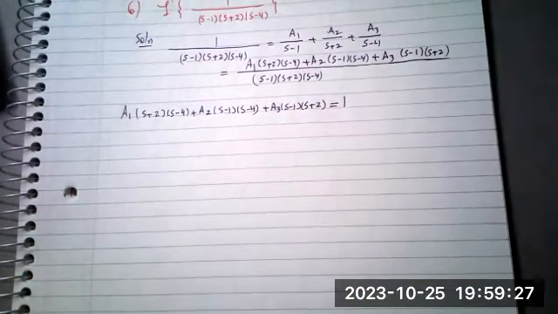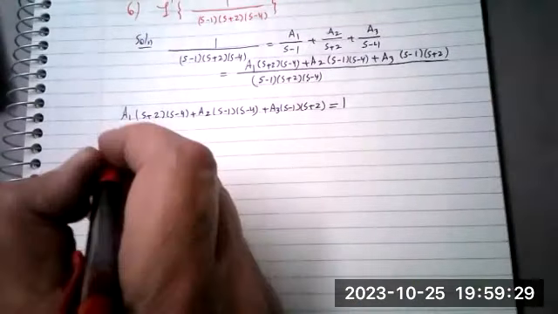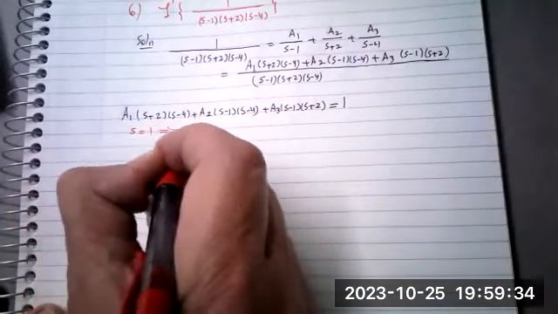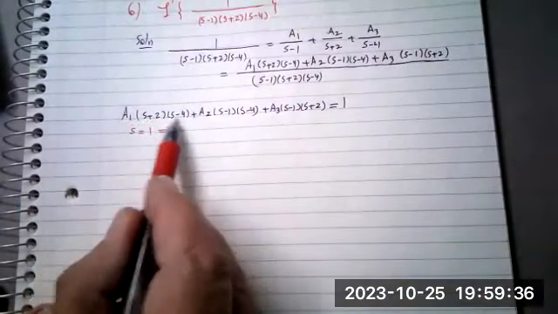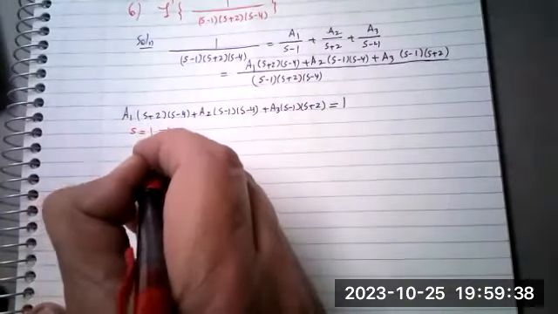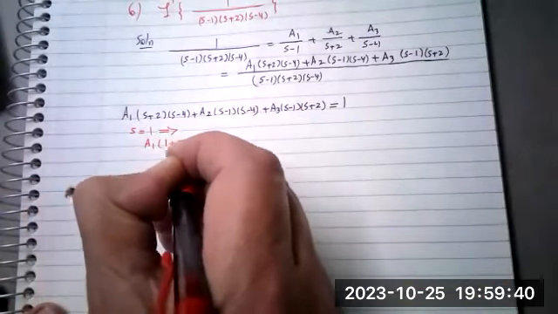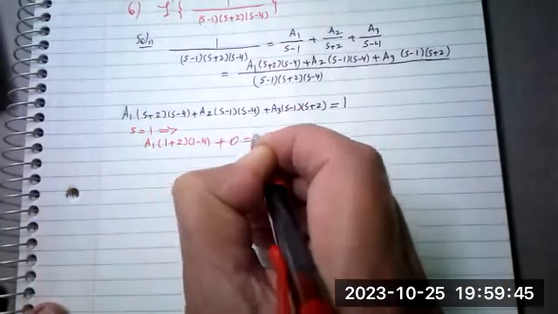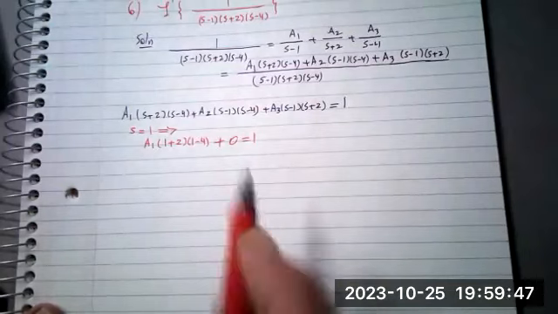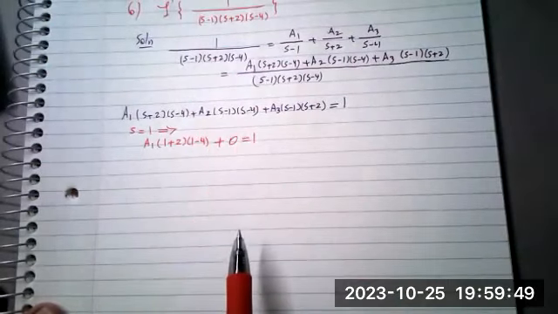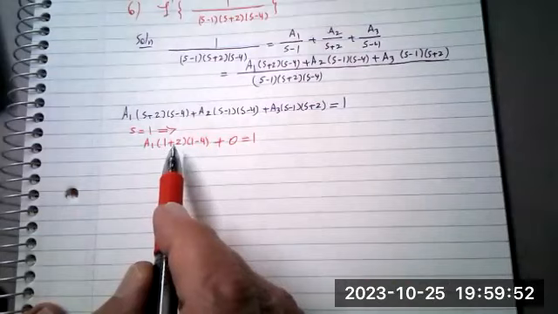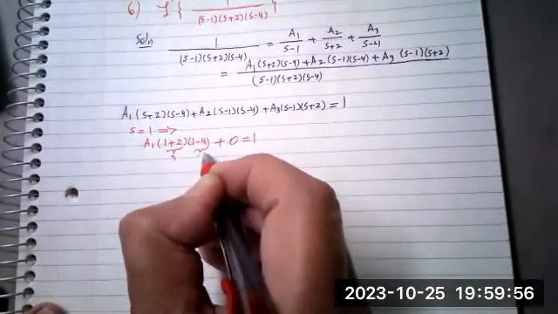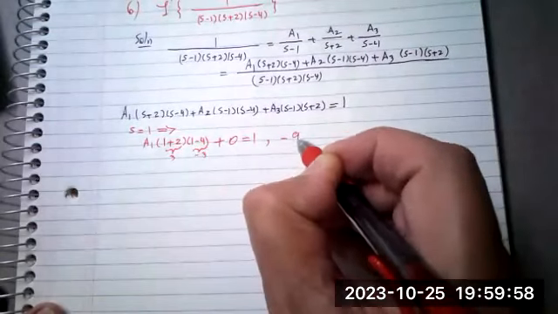3 numbers. What's the first one? Easy one: s equal to 1. You can substitute here, so that gives you A1 times (1 plus 2) times (1 minus 4). Everything else would be 0, equal to 1. It's going to be 0 because you have s minus 1 in those terms. 1 plus 2 would be 3, this would be negative 3, so we get negative 9.